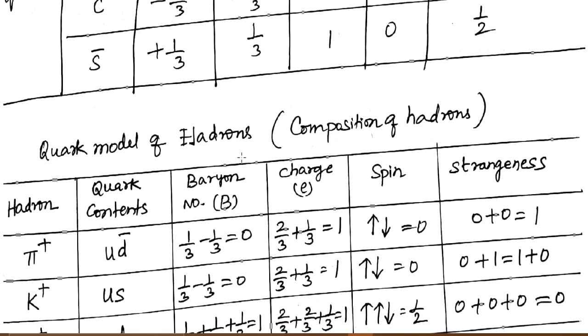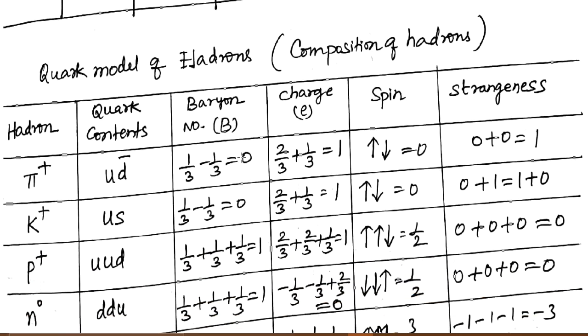Quark model of hadrons. How hadrons are formed due to the combination of quarks, we can understand from this table. For example, the pi plus hadron particle, its quark content will be U and D complement.